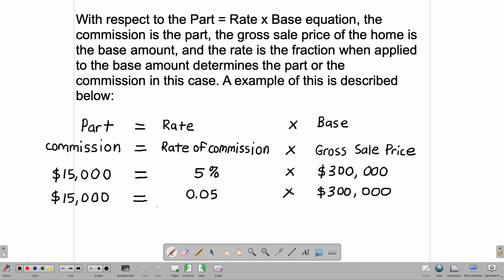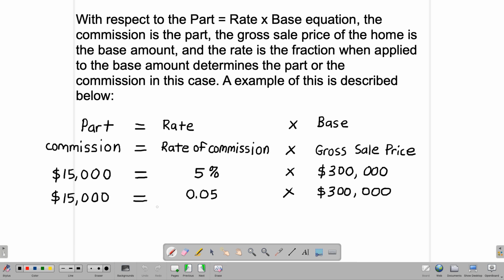For example, this is described below. So we have that same equation: part equals rate times base. We said that the part represents commissions, the rate represents the rate of commission in this case, and the base represents the gross sales price. We have an example.